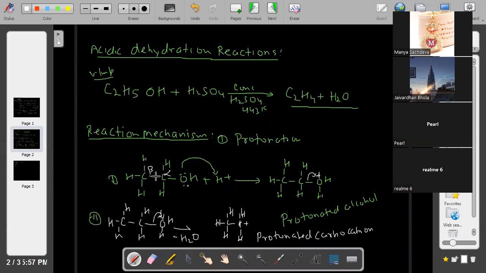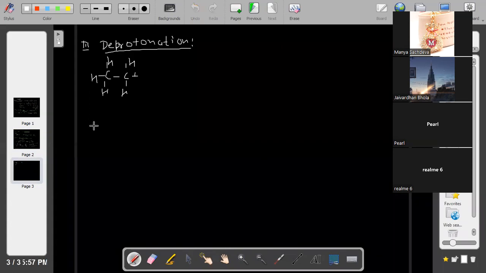Always remember where the proton will go. The beta carbon gets electrons from its hydrogen, and the hydrogen moves out. The positive and negative charges then decompose and form a double bond.